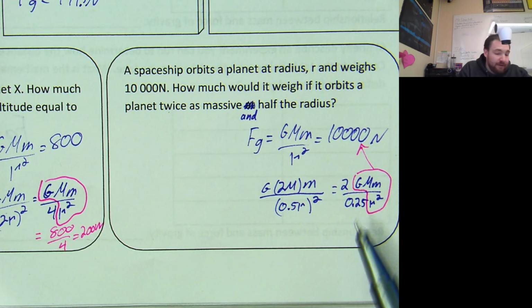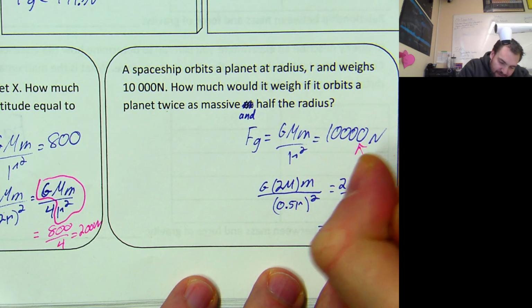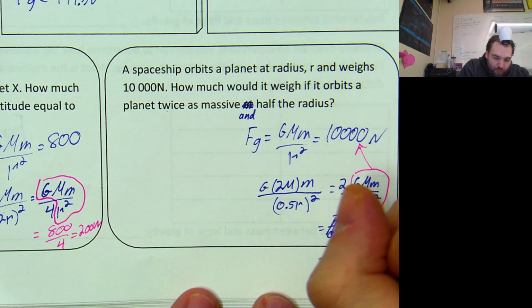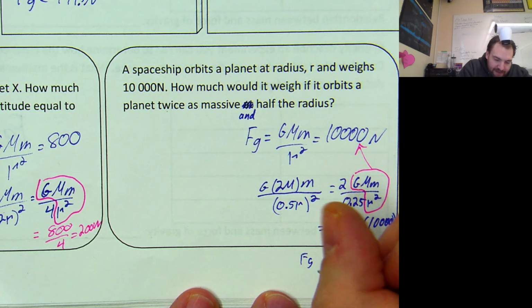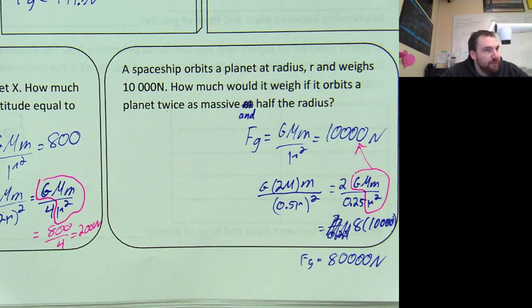It is 8. So 8 times 10,000 is 80,000. So the weight of this spaceship in this new location is 80,000 newtons.